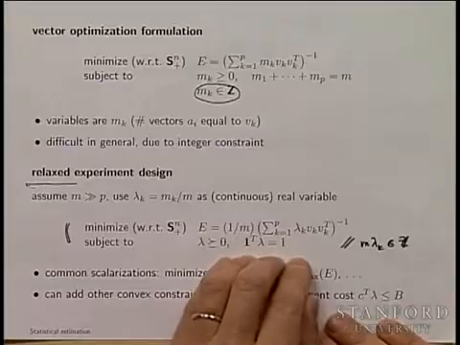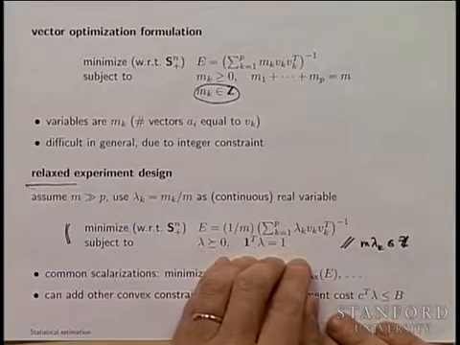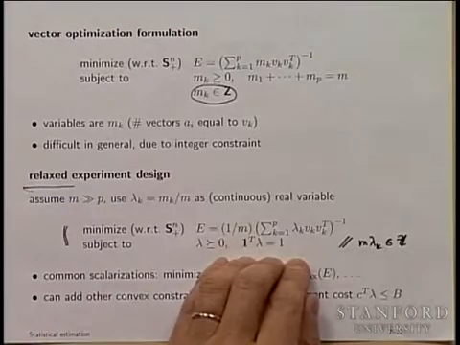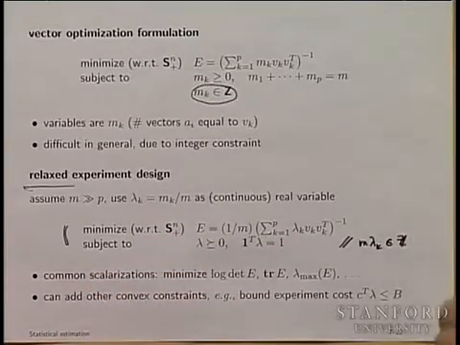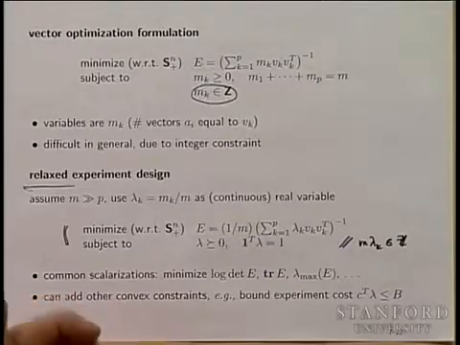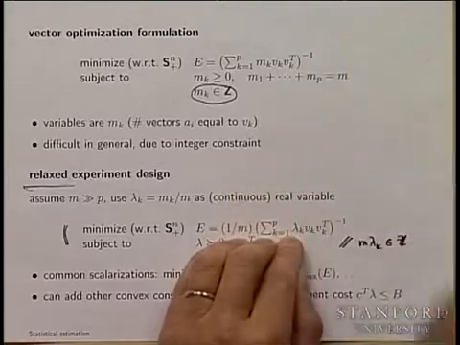They work unbelievably well. So if someone actually said, choose 1,000 experiments to carry out from this palette of 20, you'd solve this problem, you'd get some lambdas, and you'd just round them to numbers. Like you'd say, okay, 187 of the first one. And by the way, that would be a valid choice of experiment design, and it would have a certain value of E, which is a covariance matrix.